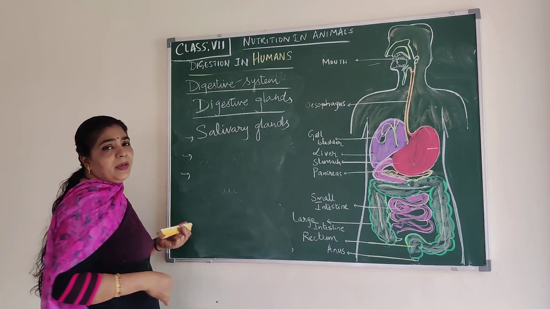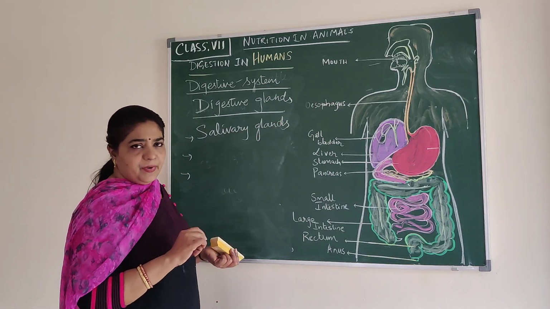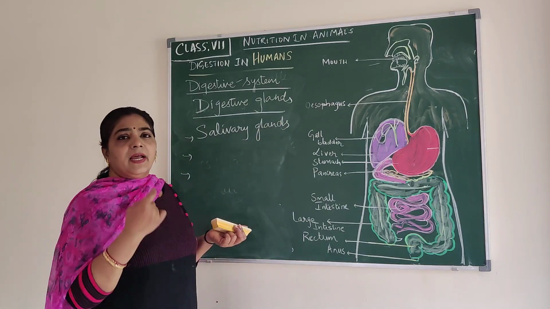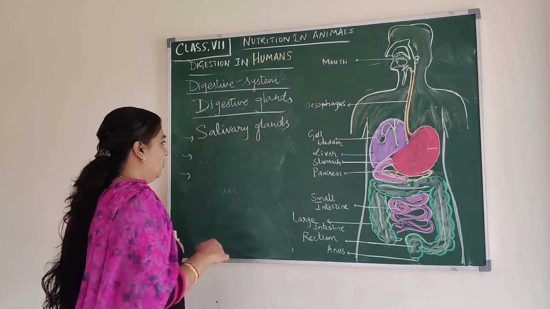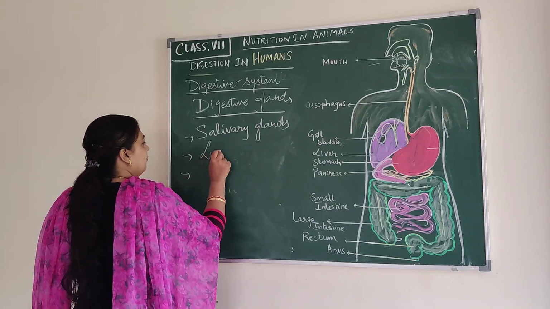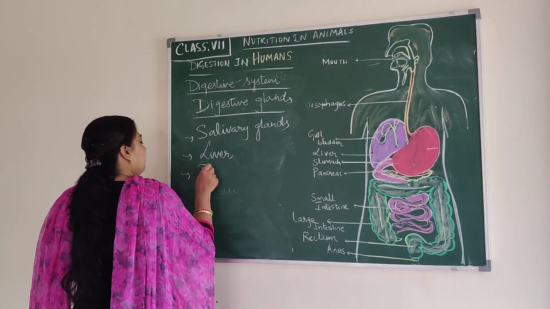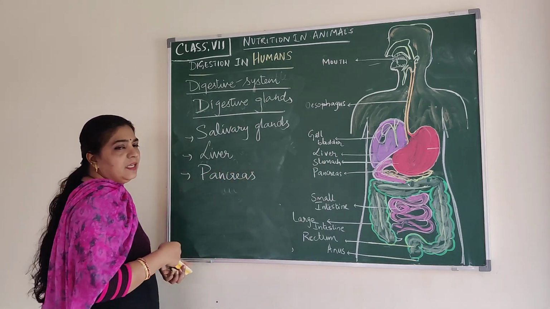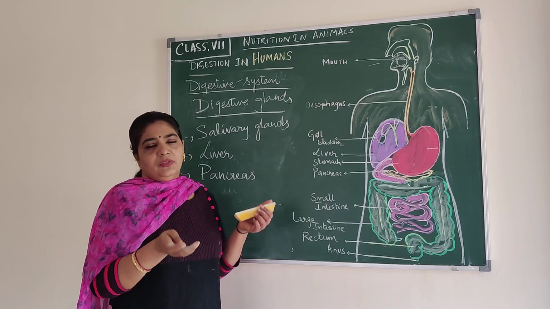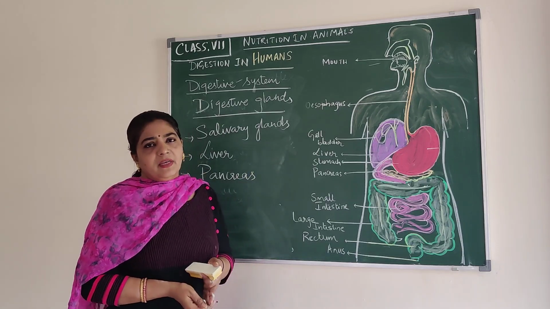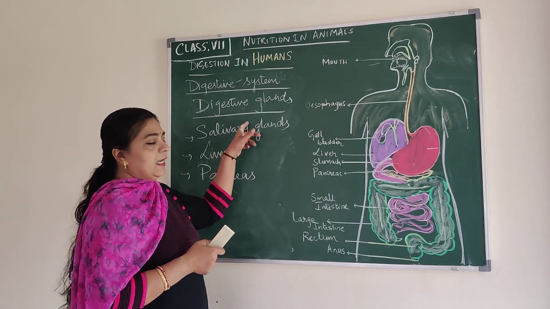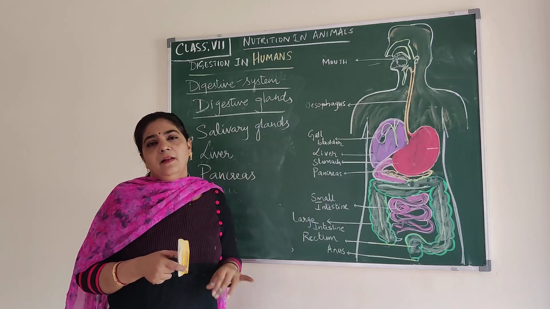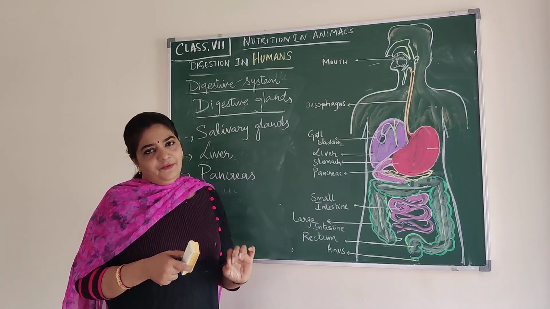There are 3 pairs of salivary glands. Then we have the liver and the pancreas. So these are the digestive glands. The organs of the alimentary canal as well as the digestive glands help in digesting the food.